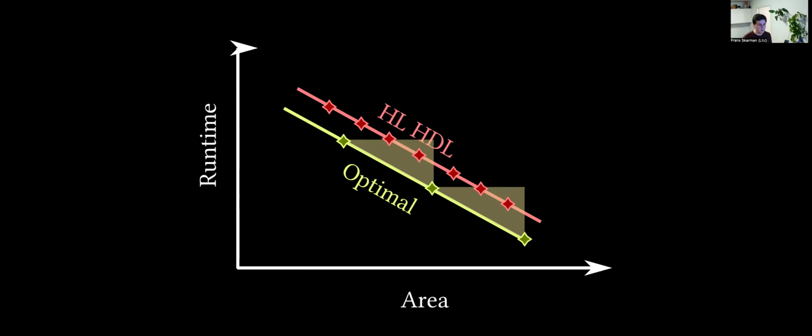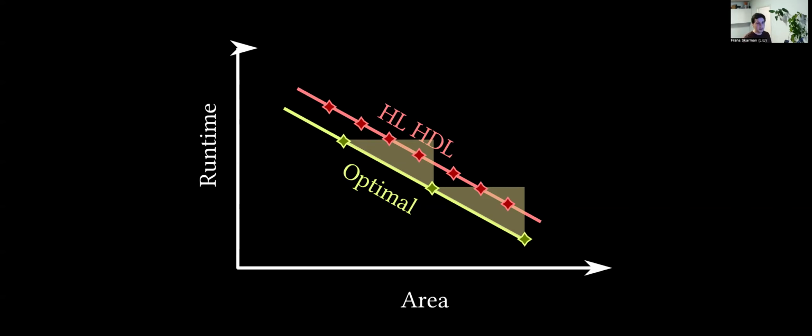And so I think it's worth keeping in mind that you don't necessarily sacrifice performance just because you raise the abstraction level a little bit, because you are able to do more design space exploration.